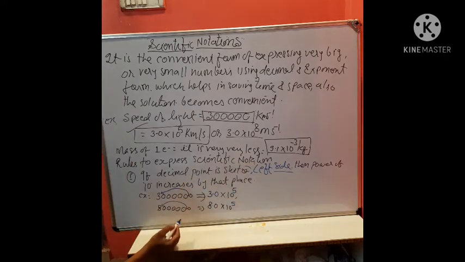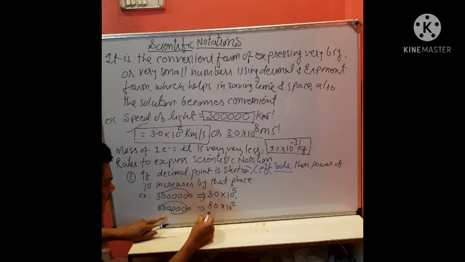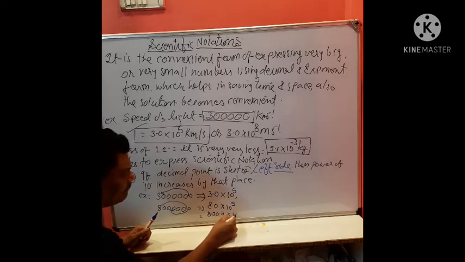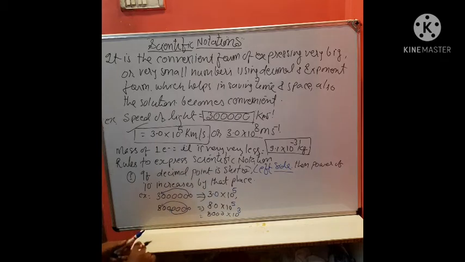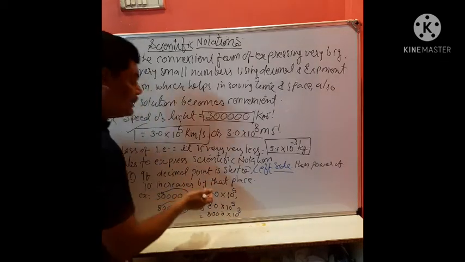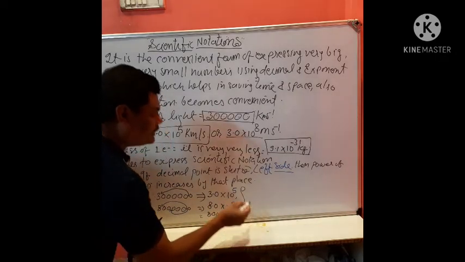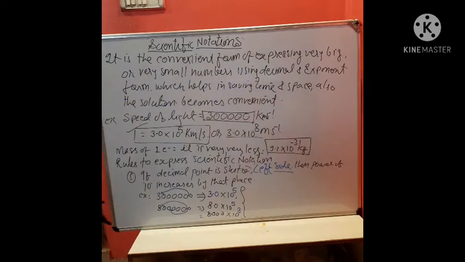If I shift the decimal point to that place, then the number will become 800.0, and now 1 2 3, that means now it will become 10 to power 3. In this way we can express a big number in very short form by using decimal and exponent.